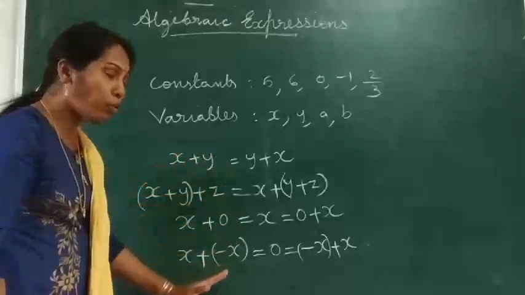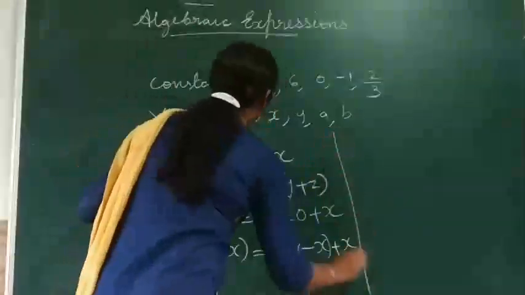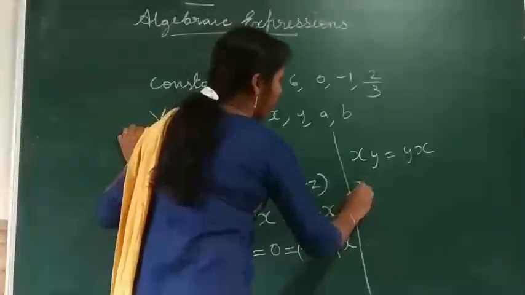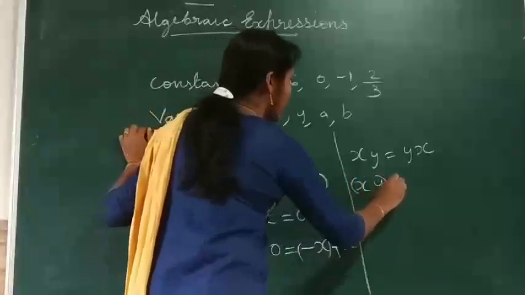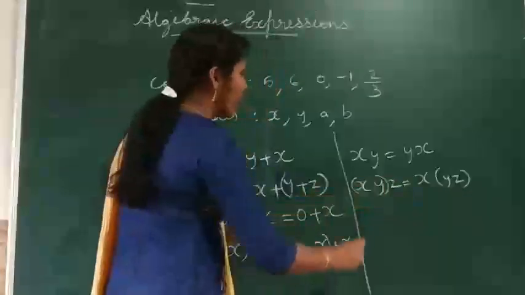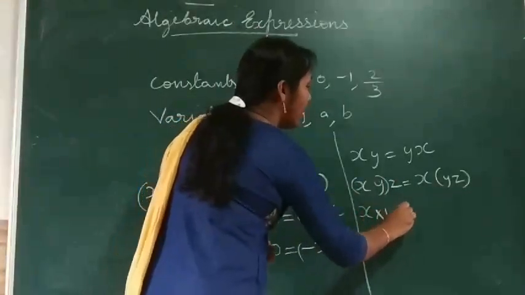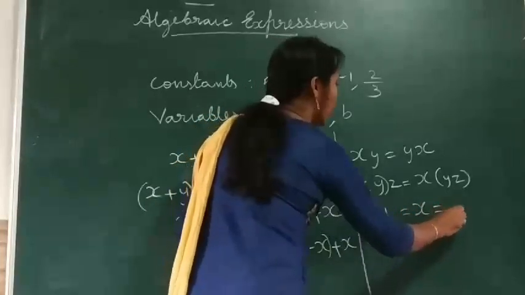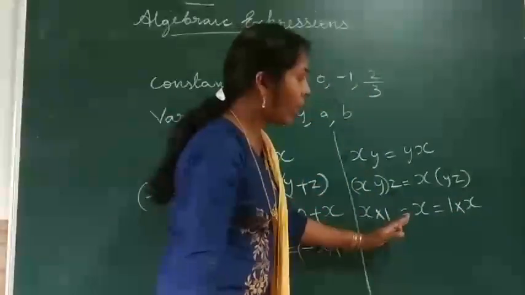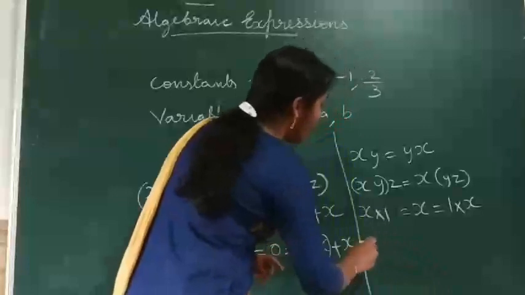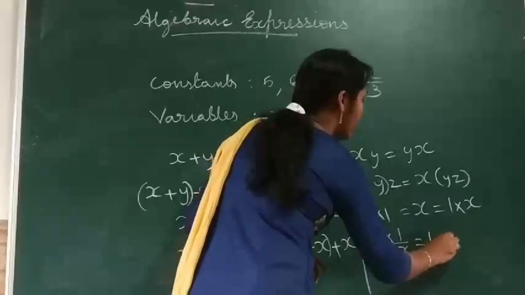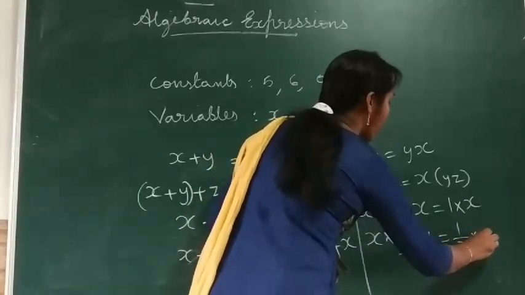Now, these laws are also true for multiplication. For example, xy is equal to yx, the commutative law. Then, x into yz is equal to xy into z, that is the associative law. Then x into 1 is equal to x is equal to 1 into x. We know that 1 is the multiplicative identity. And x into 1 by x is equal to 1 is equal to 1 by x into x.